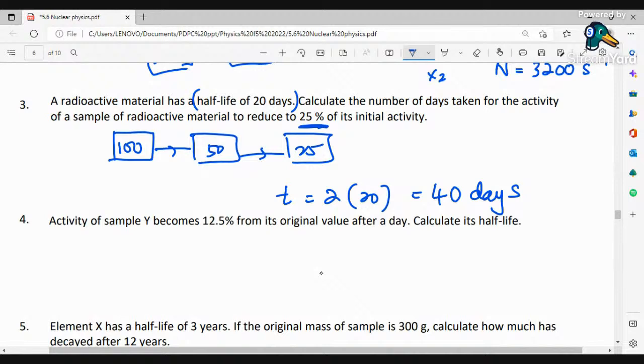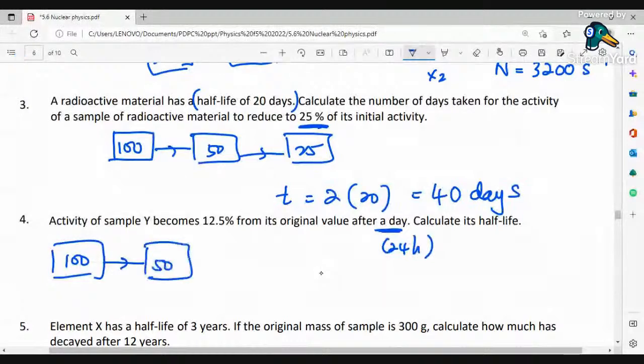Okay, number 4, sample Y become 12.5% from its original after a day, 1 hari. Okay, so calculate its half-life. 1 hari ada berapa jam? 24 hours lah. Okay, kita kira by berapa hari ya. Okay, 12.5 maksudnya awal ialah 100, become 50, become 25, become 12.5. Okay, so berapa half-life? 3 half-life.